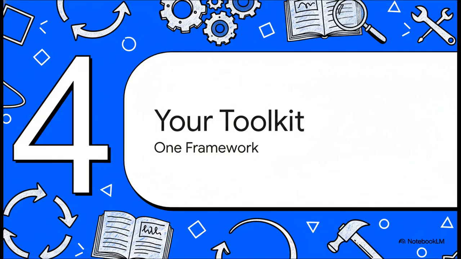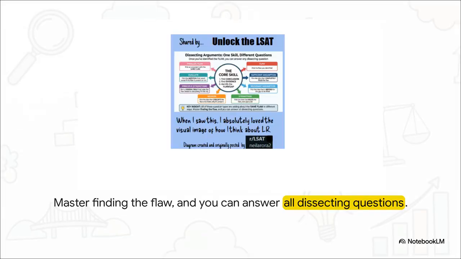So you see, when you put it all together like this, it's not just some random collection of question types. It's a coherent system. It's a system that can be tackled with a single, focused toolkit. So let's bring it all back to this central idea. If you take away just one thing from all of this, let it be this. Stop trying to memorize a dozen different question types. Please.